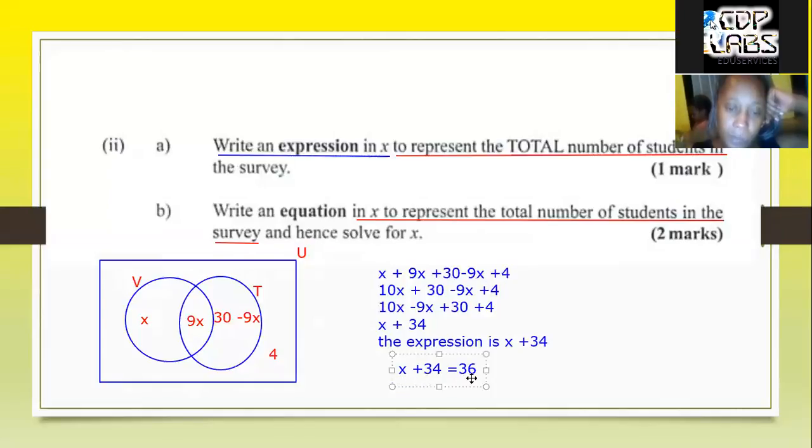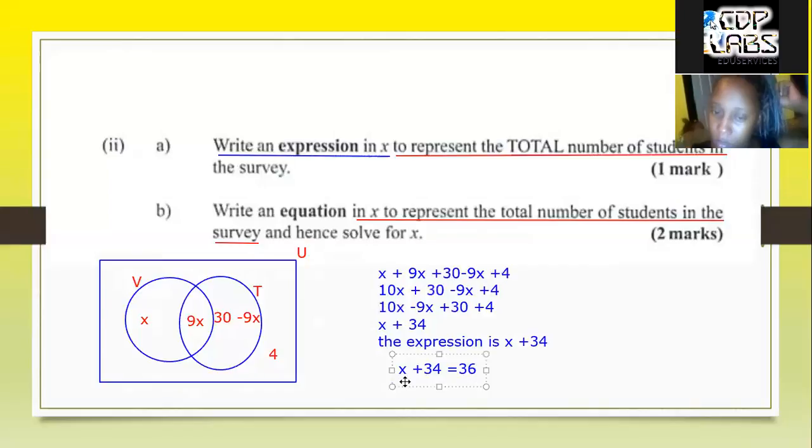Read this for me, please. X plus 34 equals 36. Good. So what would x be? Let me tell you, read it.